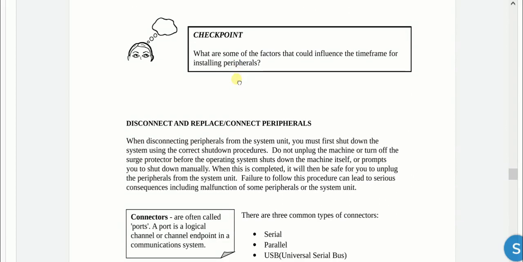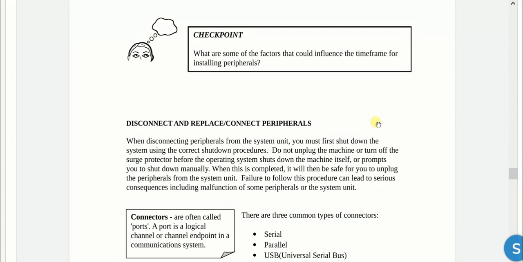All right. We also see disconnect and replace connected peripherals, because if they already have existing peripherals being used, but they're going to use a more upgraded one, you would have to disconnect those and ensure that the necessary connectors are in place.